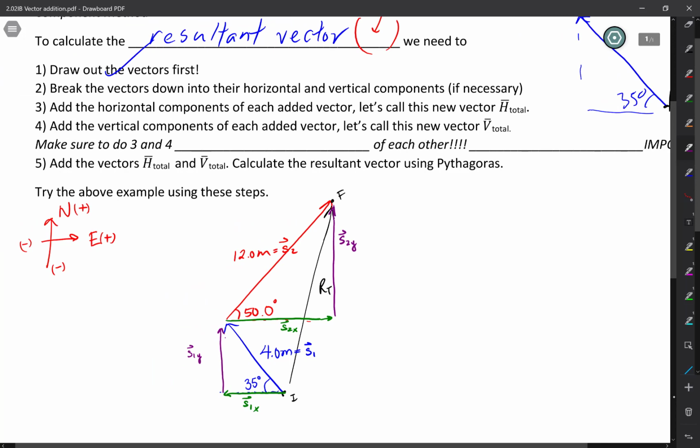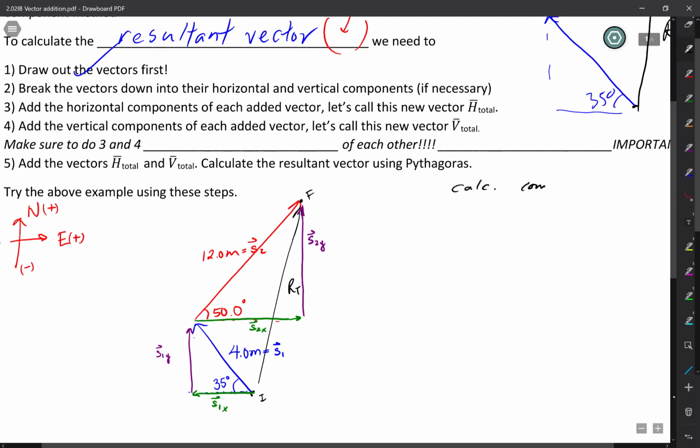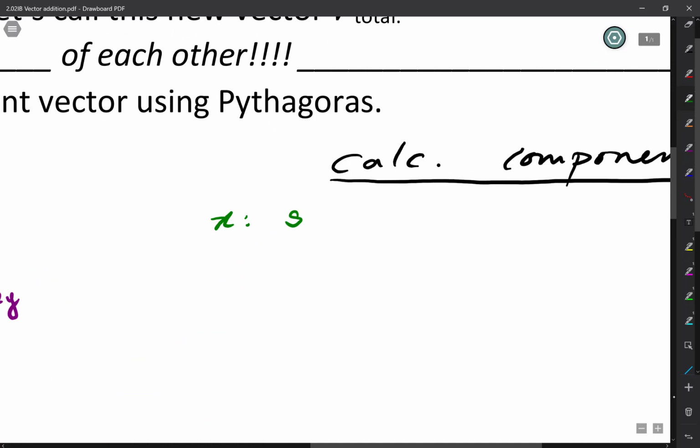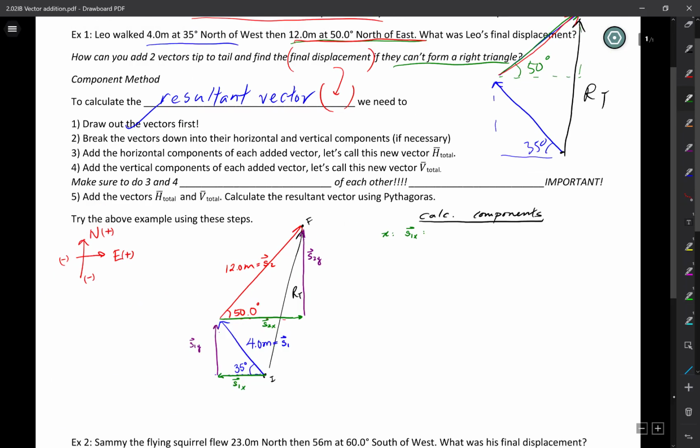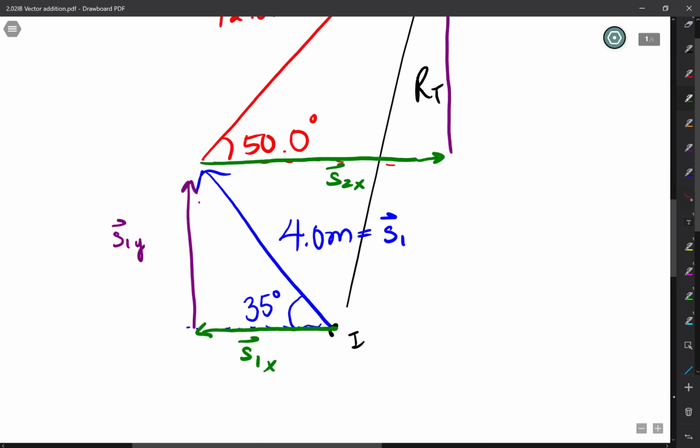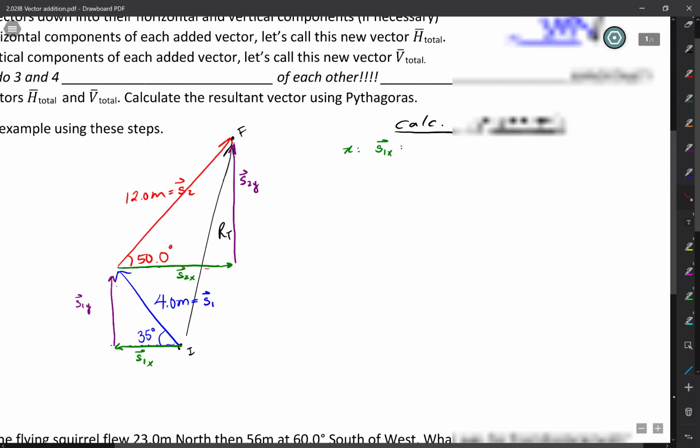Now I can calculate them out. So let's start with my X components. So we're going to calculate components. Starting with my X components, I have S1X, starting with this guy. If we take a look at our little right triangle, we see that S1X is adjacent to the 35-degree angle, which means I'm going to use cosine 35 in this case.